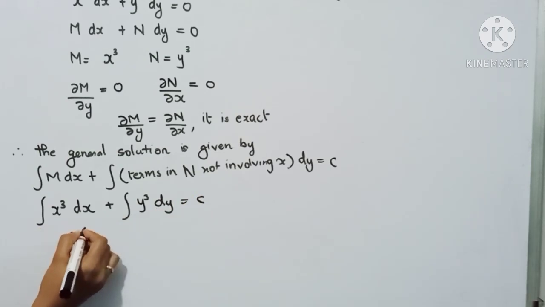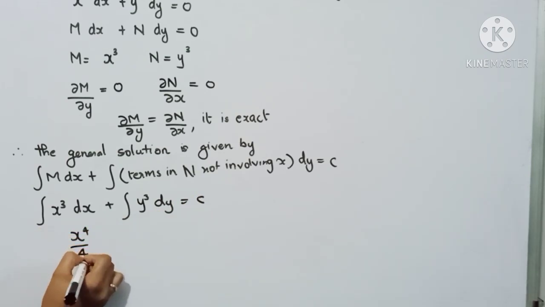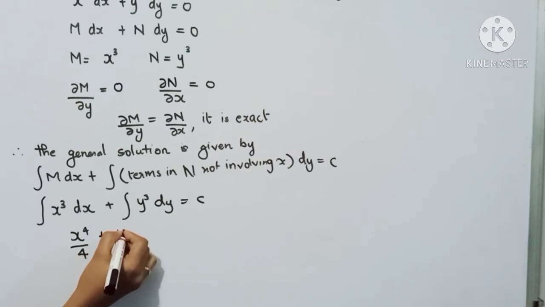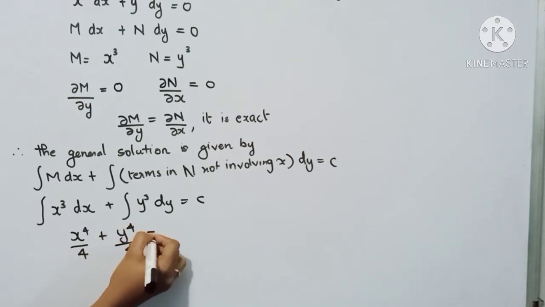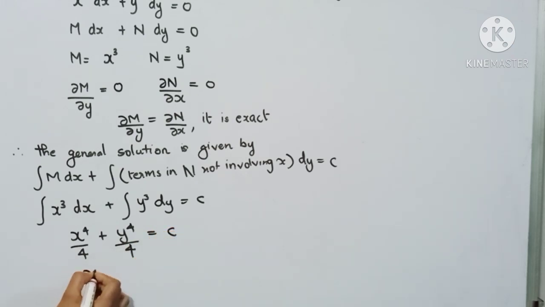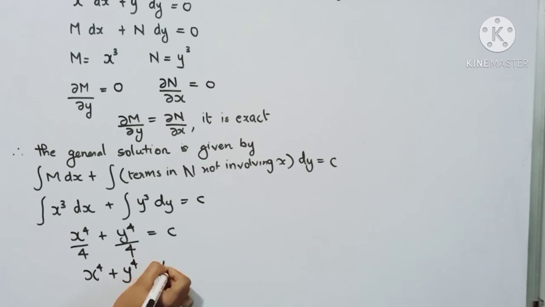The integral of x³ is x⁴/4 plus the integral of y³, which is y⁴/4, equal to c. Or you can write x⁴ + y⁴ = 4c, or x⁴ + y⁴ = C. This is our required answer.